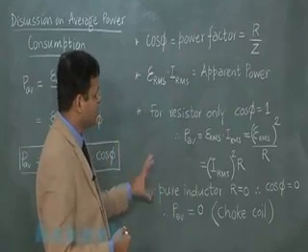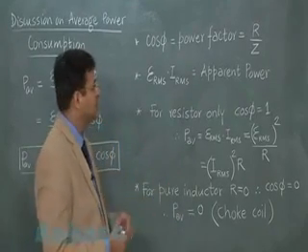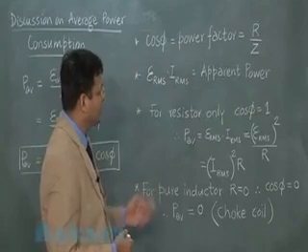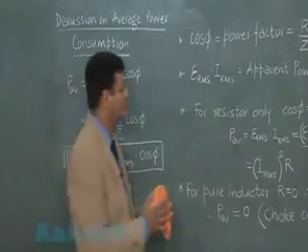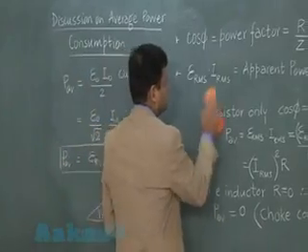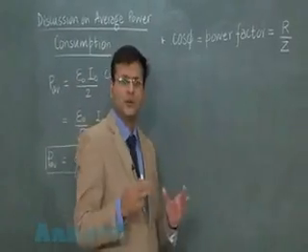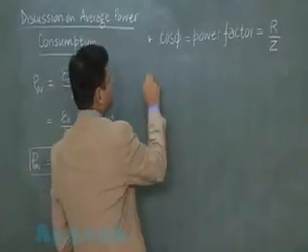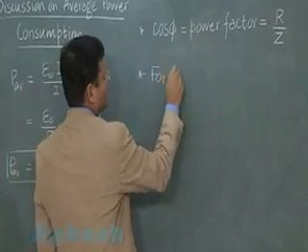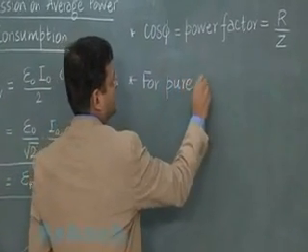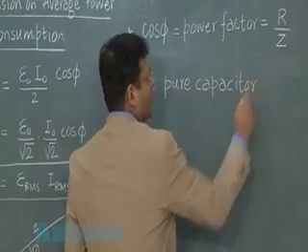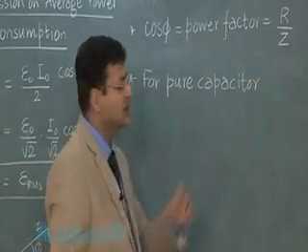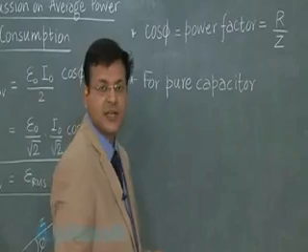Now if you consider a pure capacitor, suppose in the circuit you are talking about a pure capacitor. For a pure capacitor, again like the inductor, the resistance of the circuit is 0.